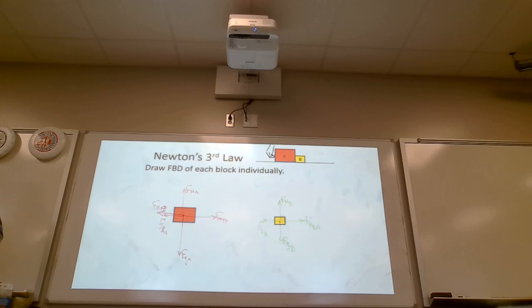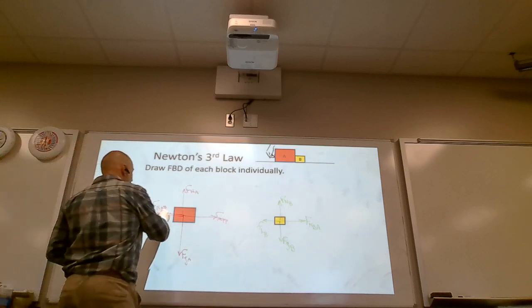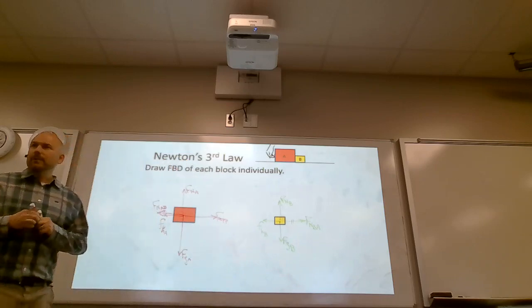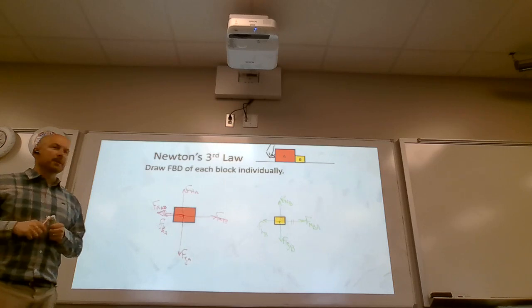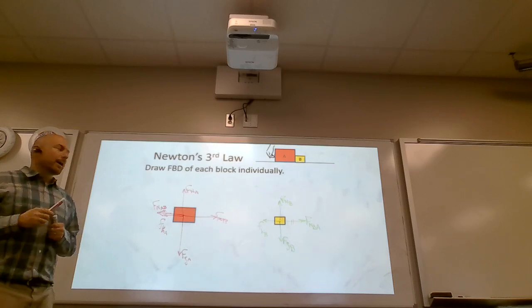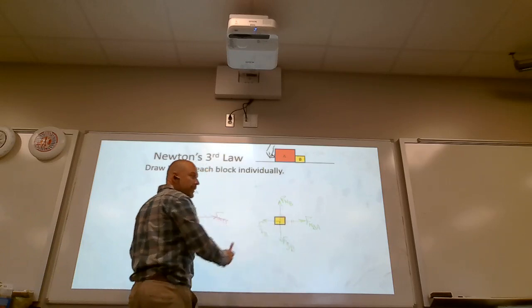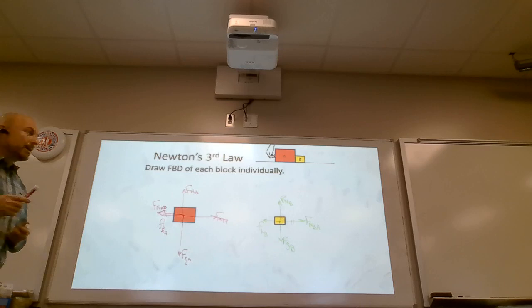Which two forces demonstrate Newton's third law? That one and this one. Object A exerts a force on object B. Object B exerts an equal force back on object A. Okay. Now, this force and this force cannot cancel each other out because they're acting on two different objects.